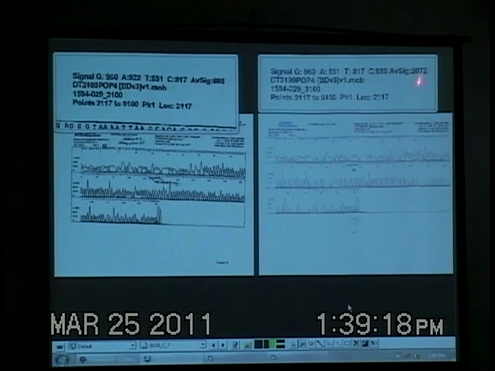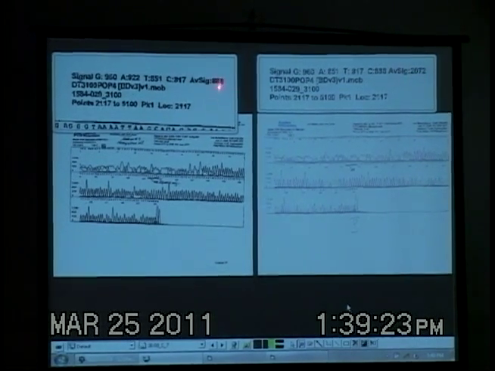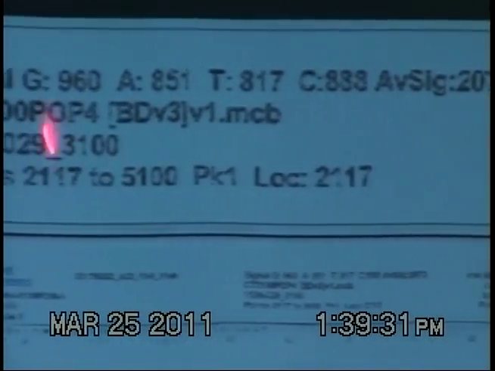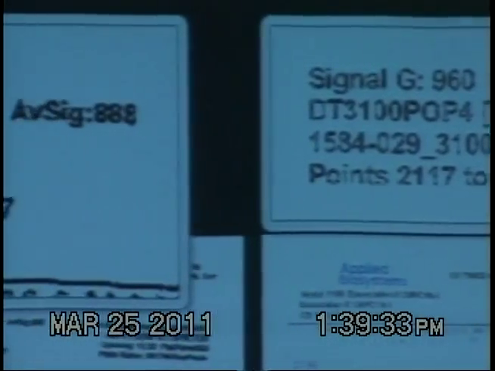And here, you're getting something that you clearly can see is not the same, 888 and 2072. You can also tell that the average signal couldn't possibly be 2072 when all these numbers are under 1,000. Correct.